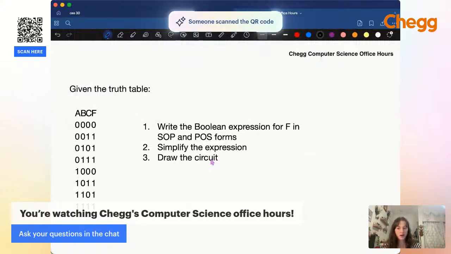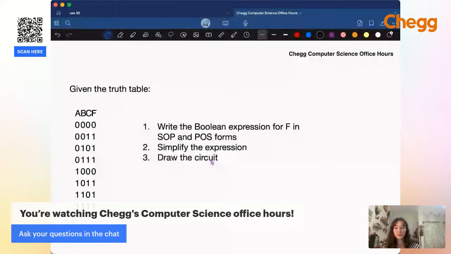And someone else is asking about computer architecture. So this is sort of intro to computer architecture. If there's anything specific you want to know about computer architecture, just drop that in the chat. But we're drawing some circuits, which is combinational logic for computer architecture. If there are other computer architecture problems or topics you want me to go into, just drop those in the chat too.